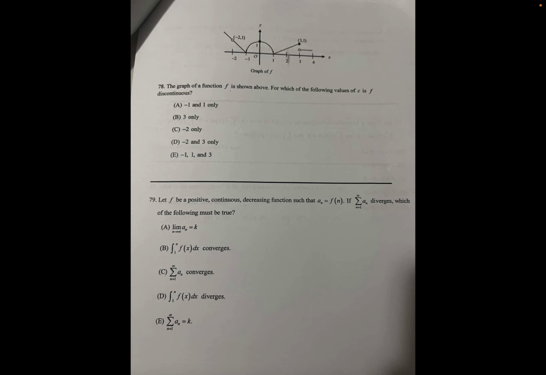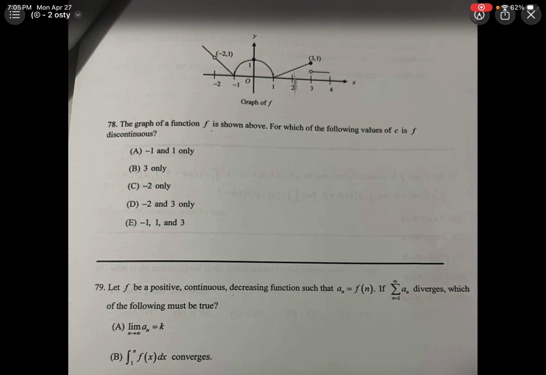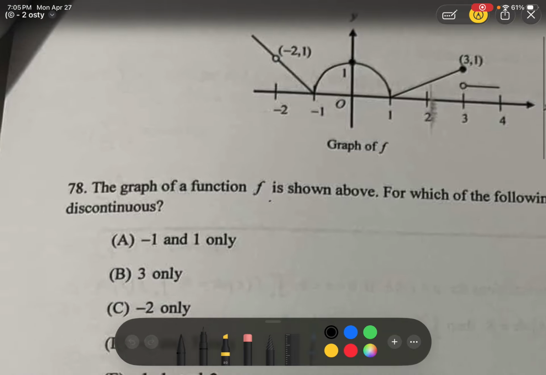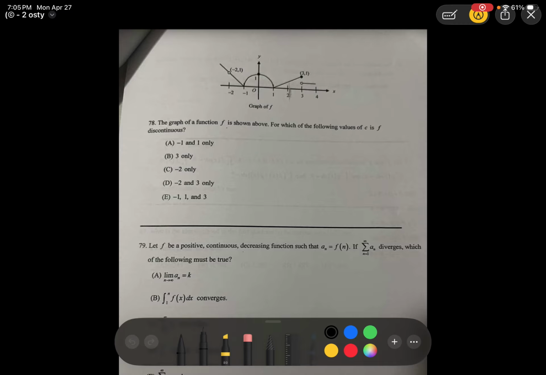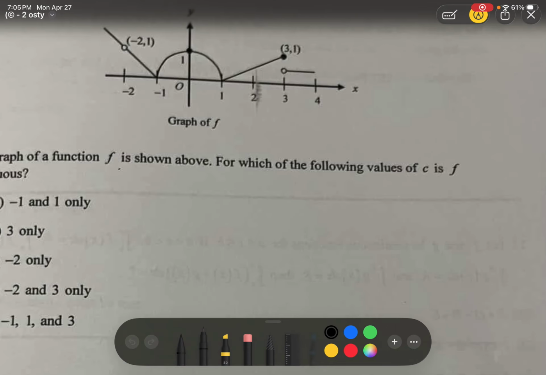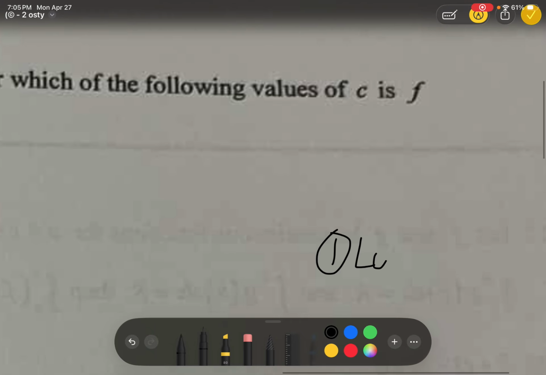78. The graph of a function f is shown above. For which of the following values of c is f discontinuous? It's going to be discontinuous where the graph of f has a hole or a jump. So look for holes and jumps.